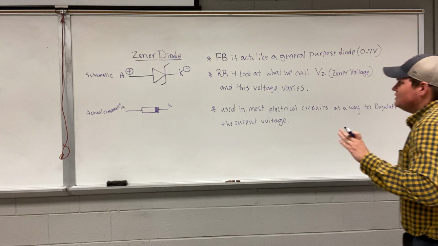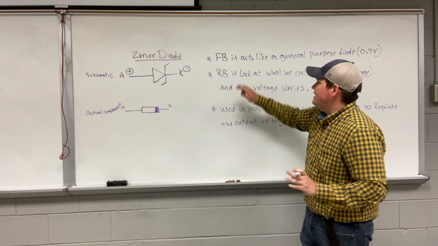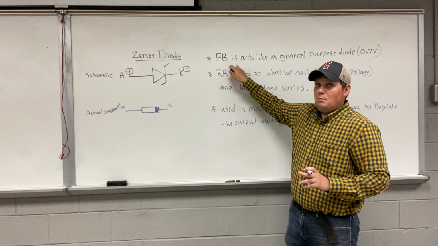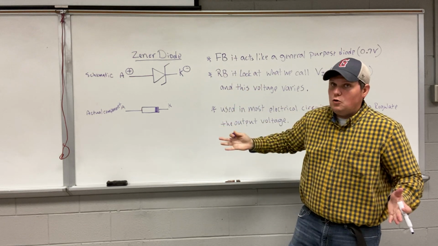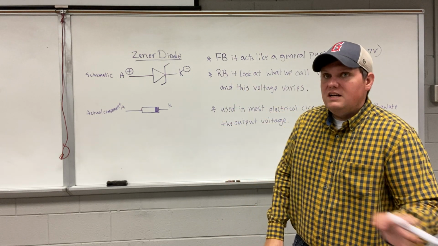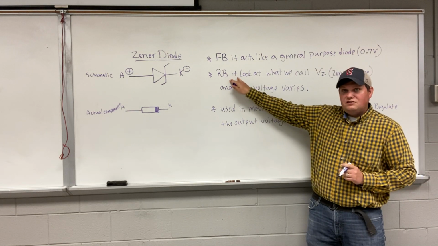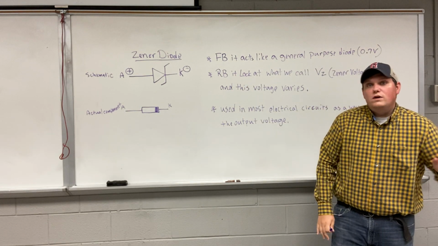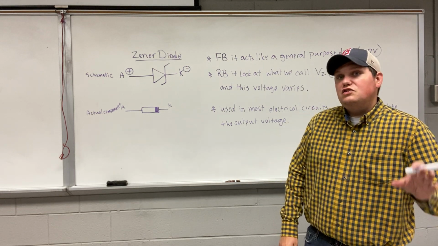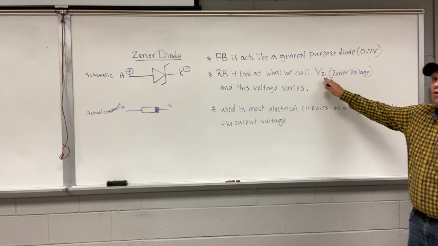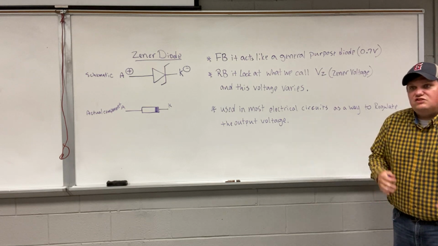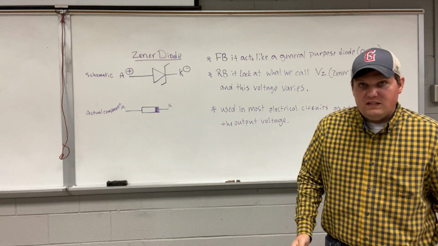Where it becomes different, and I also want to state, prior to getting that 0.7 volts, it acts like an open, just like a general purpose diode. So here's the difference. In reverse bias, it will remain open until you reach what we call VZ, which is the Zener's reverse voltage.